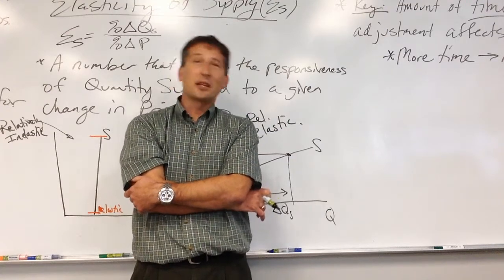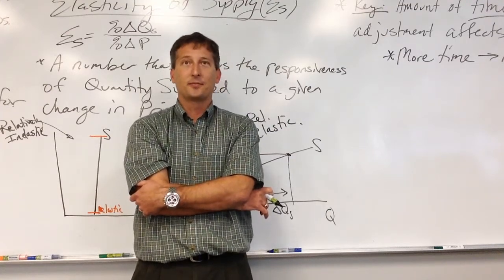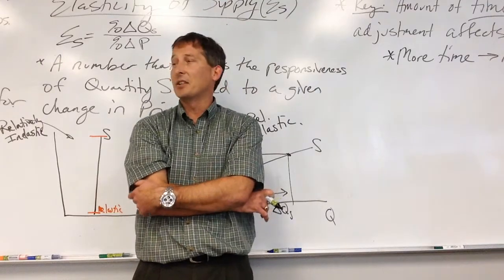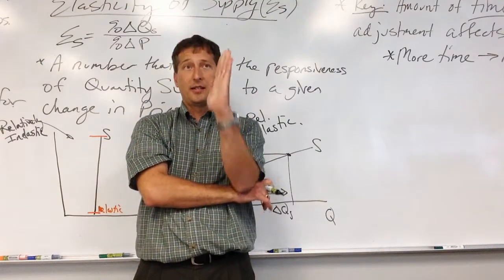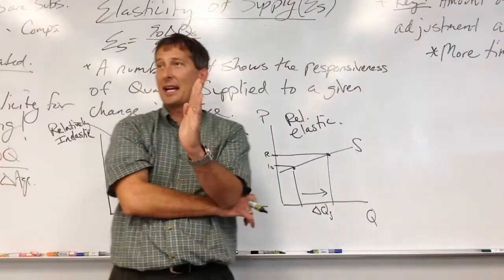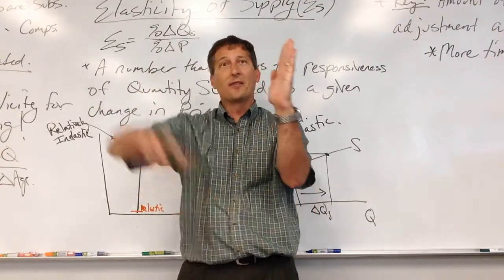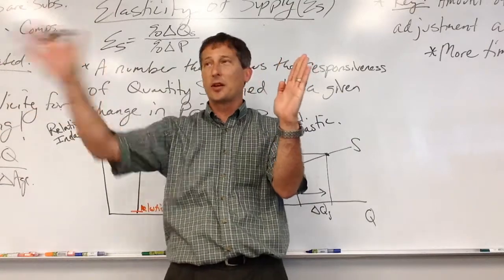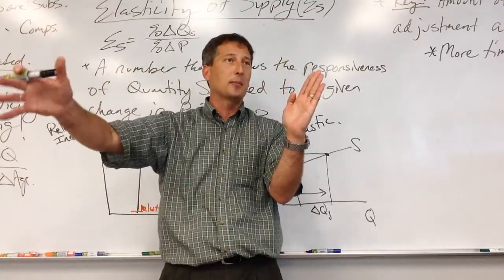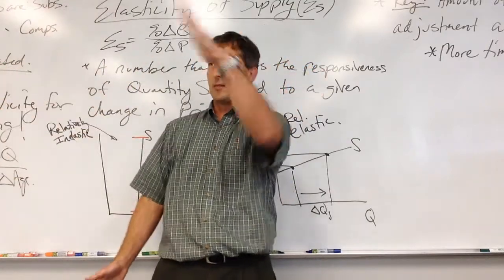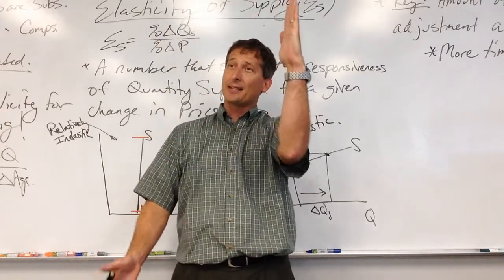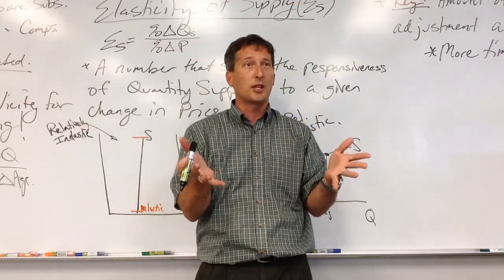Do you have time to go shop around other stores? No, maybe not. Your demand for Jack Daniels that day might be fairly inelastic. Whatever the price of Jack is, I'm going to pay it. If it's 45 bucks, if it's 30 bucks, if it's 50 bucks, I got to have it. My demand is pretty inelastic. I'm unresponsive to price changes.